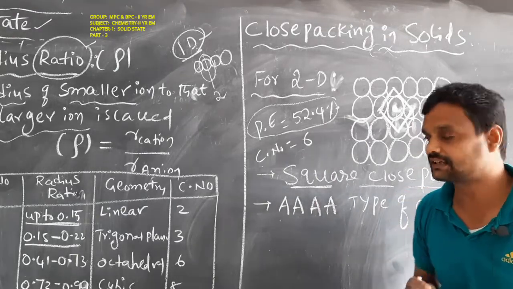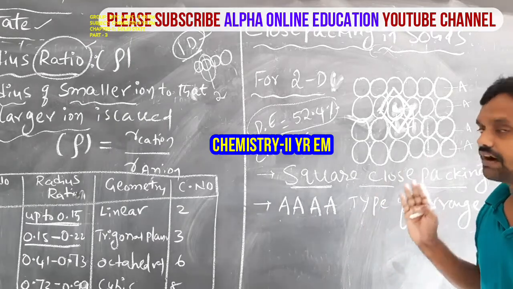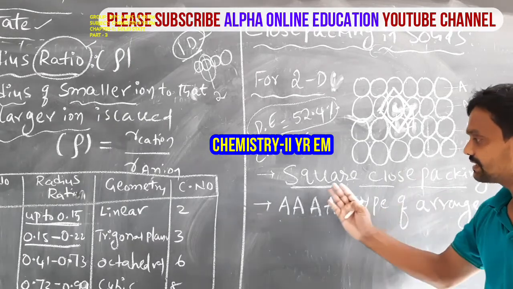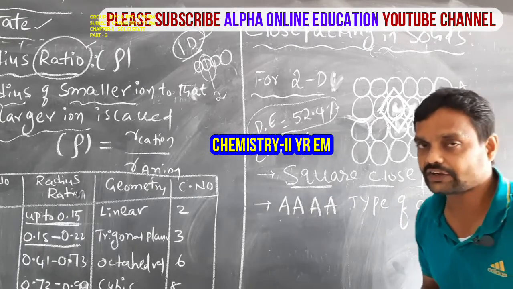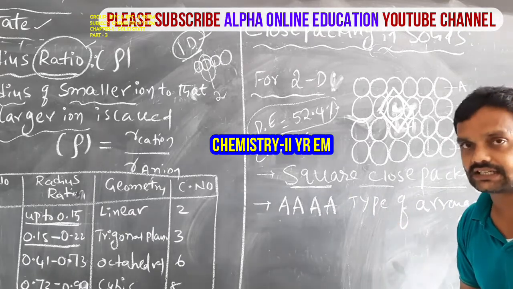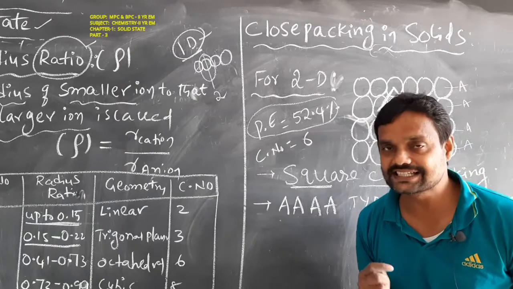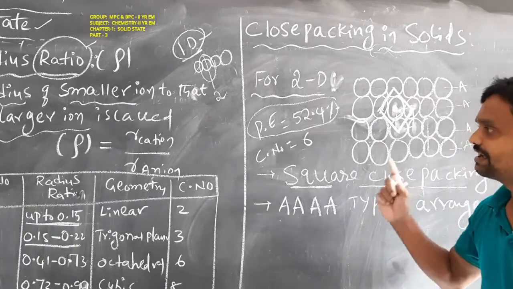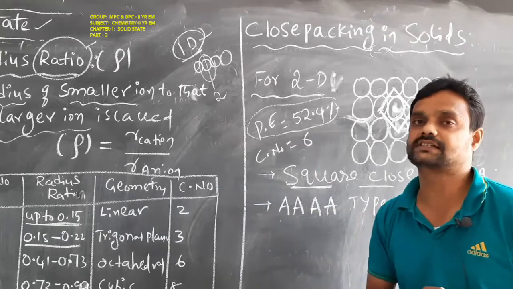52.4%. Okay, clear? When in two dimensions the solid is arranged in square close packing, how much volume can they occupy? 52.4%. Simply, that is called packing efficiency. So this is the meaning of packing efficiency.